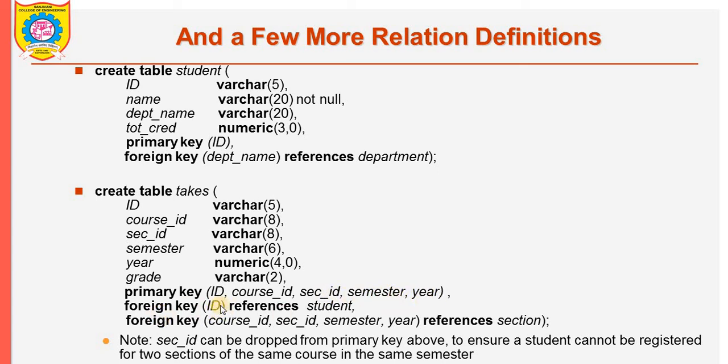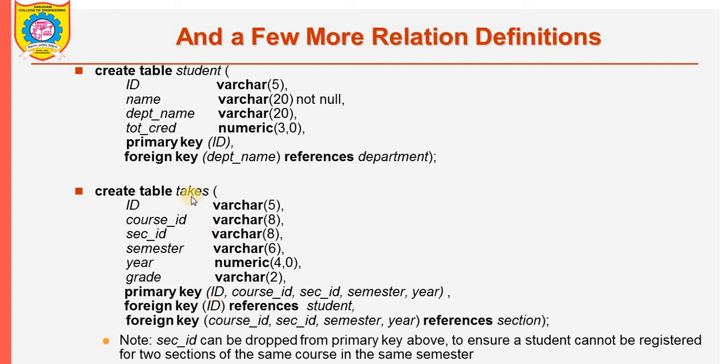The foreign key ID references the student table, meaning this ID is a primary key in the student table which acts as a foreign key in the takes table, maintaining the integrity constraints. In case of insert, delete and update operations, the database needs to be consistent. So the takes table and student table integrity constraint is maintained by this ID.